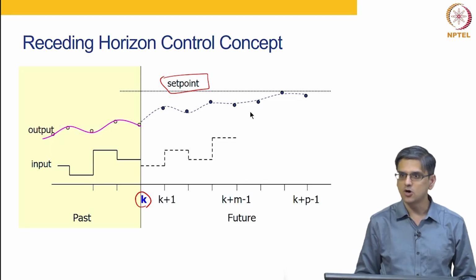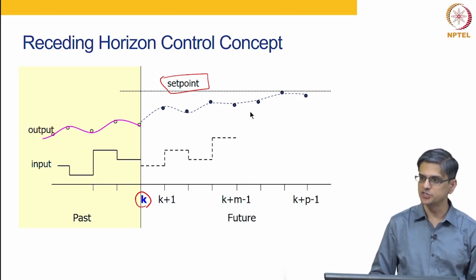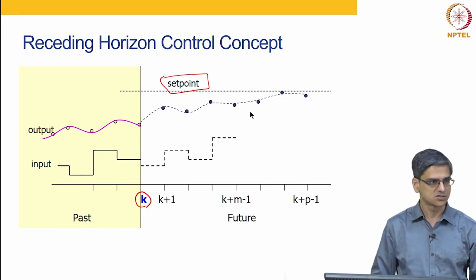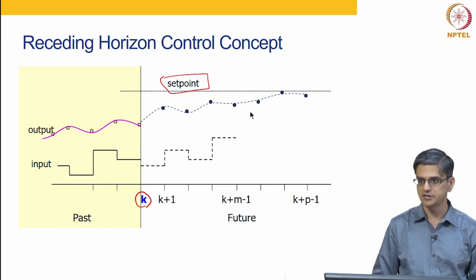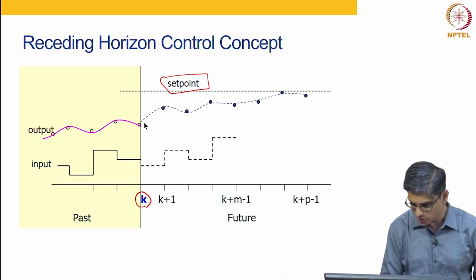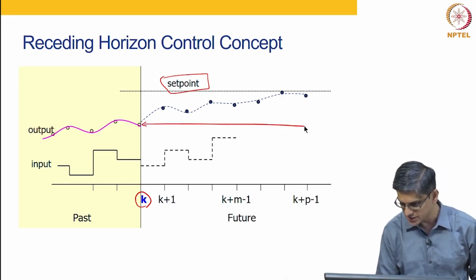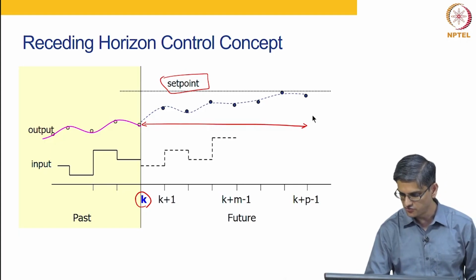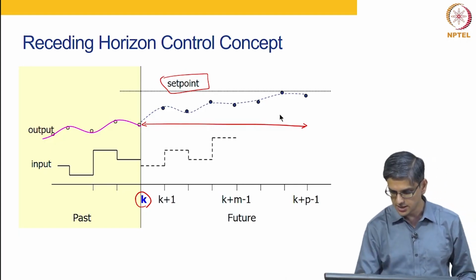Okay. Based on the model's predictions of the future, an optimizer determines the best or the most optimal trajectory. What you see over here is that it is predicting the future for a certain time horizon, and this horizon is called the prediction horizon.